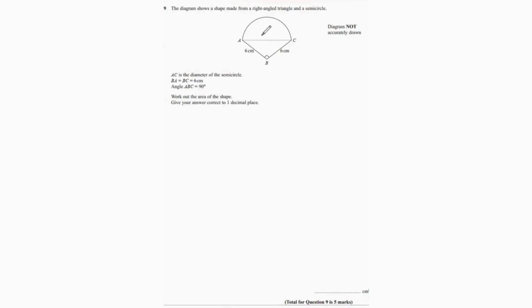AC acts as your hypotenuse because it's the diagonal over here. It's the length opposite to the 90 degrees. So AC squared equals 6 squared plus 6 squared. AC squared equals 36 plus 36, which is equal to 72. And AC is root of 72, which gives us 8.49 centimeters.